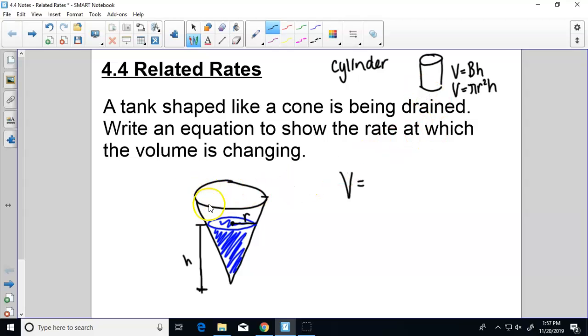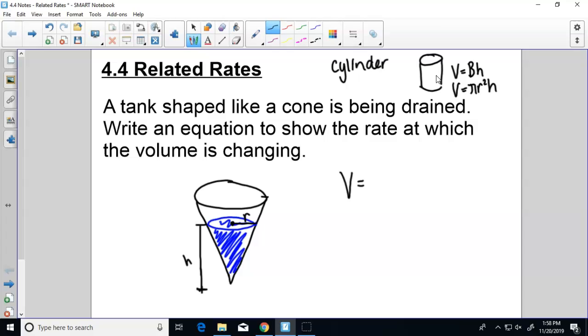Does anybody know how many times you have to fill up a cone in order for it to equal a cylinder? So it's got the same base, same height.